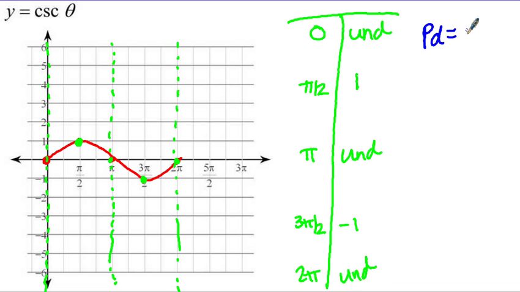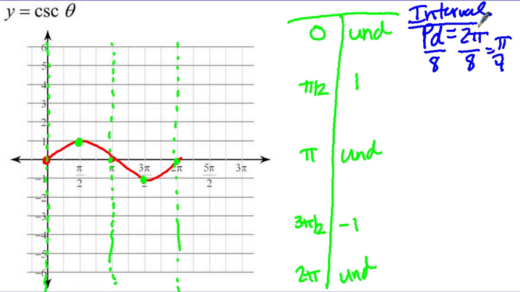So the interval is 2 pi over 8, which if we simplify is pi over 4. Sorry, this is finding the interval, so I don't mean to confuse you here. So that's how we're going to find our x values.